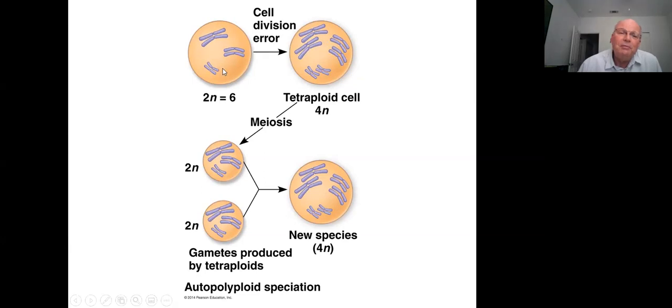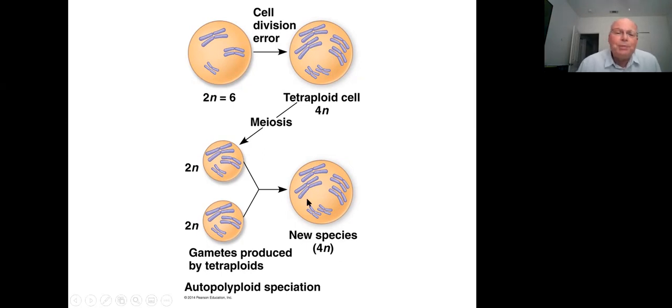In this case, the error is occurring during normal cell division, which leads to a tetraploid cell that then undergoes meiosis. It could go either way, but the result is that you have gametes that wind up being diploid. Those are incompatible with the haploid gametes of any of the surrounding plants.